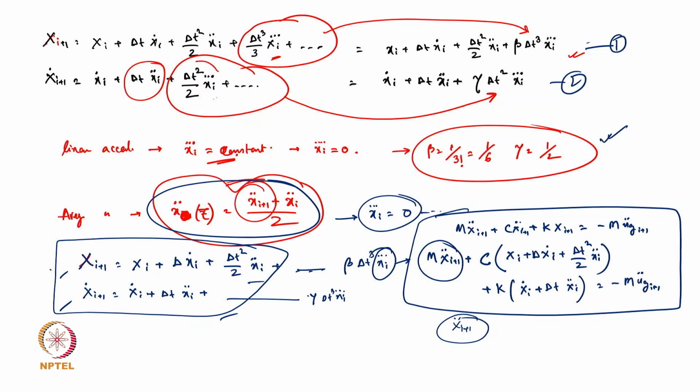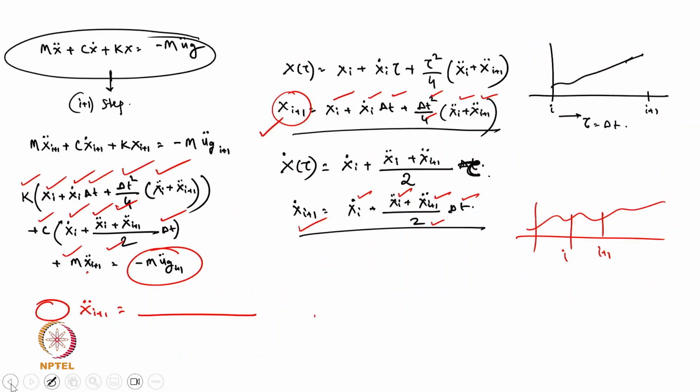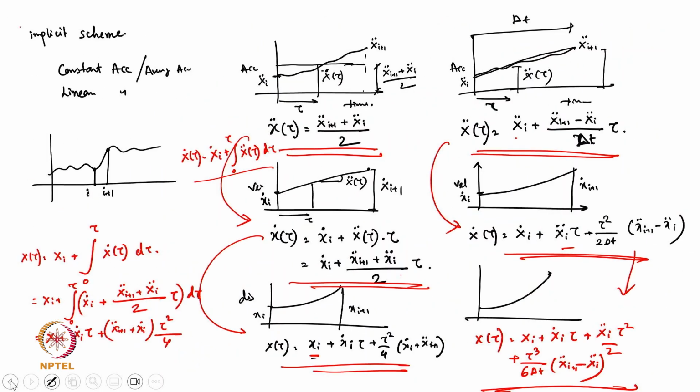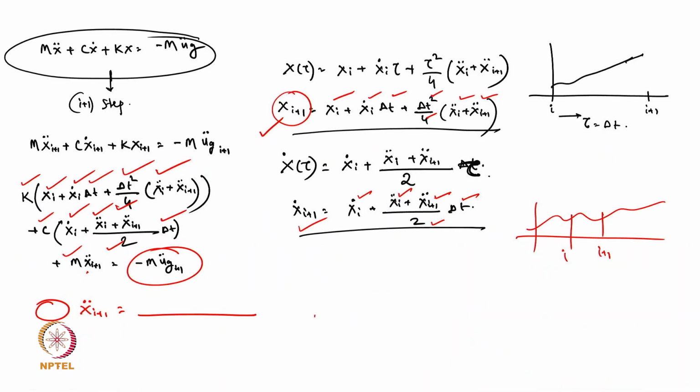Because already we have seen that average acceleration works properly. Once we did not consider this Newmark beta frame and just substituted the average acceleration, we could get it very nicely. If you go back to the class, we can see that very nicely once we are calculating the average acceleration. We calculated x_{i+1}, and here you see this term was present.